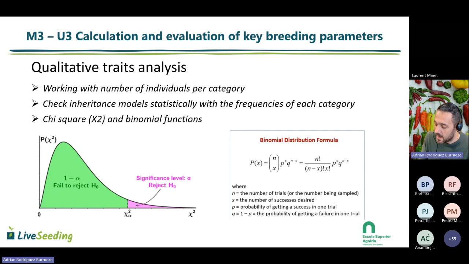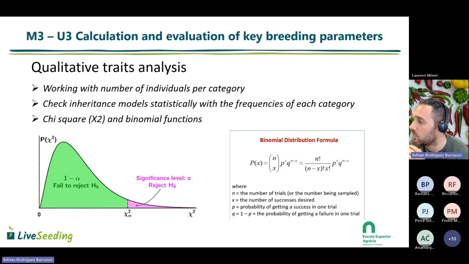And there is no other expression. Or you are yellow peppers, orange peppers, or red peppers, and no other categories. So you are working with the number of individuals within each category of the trait. Then, to analyze and work with these traits, geneticists and breeders check the inheritance model statistically with the frequencies corresponding to each category.